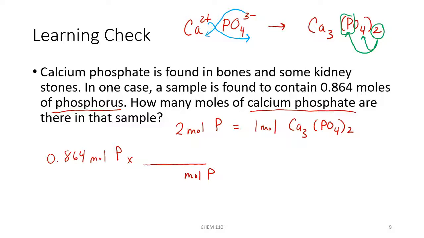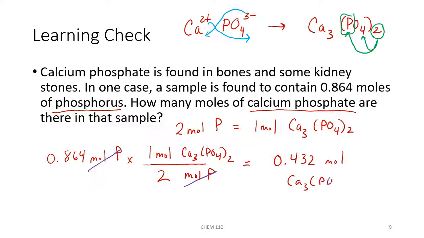And we know that there are 2 moles of phosphorus for every 1 mole of our compound, Ca3(PO4)2. Our moles of phosphorus would cancel, and that'll give us moles of calcium phosphate. So we're going to divide by 2. We should have 0.432 moles of our calcium phosphate.